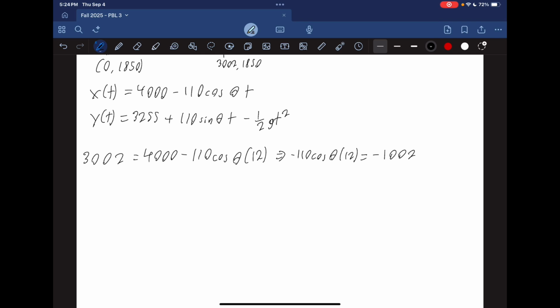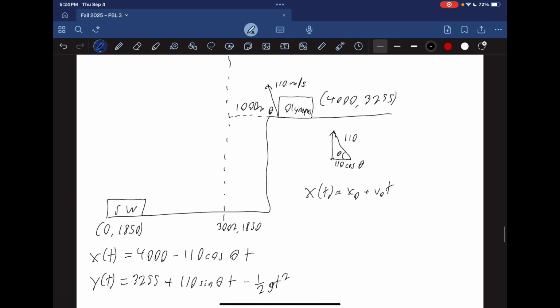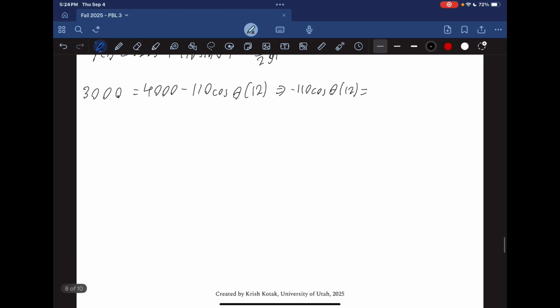Let me just double check that. Yeah, I thought I was a little wrong on that. Oh, I'm sorry. I don't know where I got that 2 from, actually. I forgot that we rounded, and we're just using that it's at 4,000 meters. So this is actually going to be just 3,000. Okay, so 3,000 minus 4,000 is going to be negative 1,000.